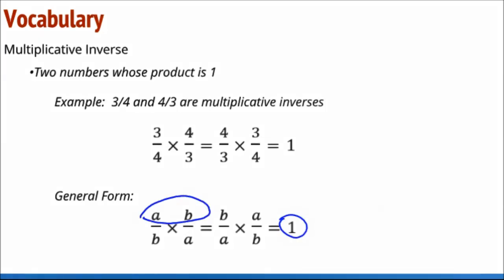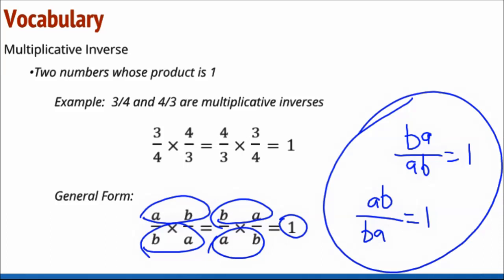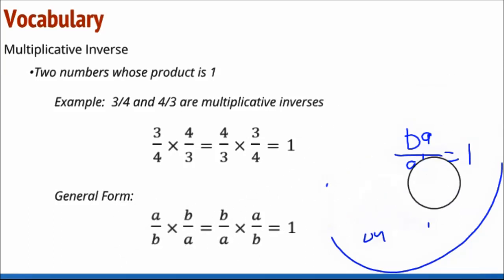So in this one, I've got a times b over b times a, and that will be equal to 1. And in this one, I've got b times a over a times b, and that is equal to 1. They are all equal to each other. And importantly, we are observing the reciprocals. So this was a over b, and this one is b over a. Reciprocal. Multiplicative inverse.